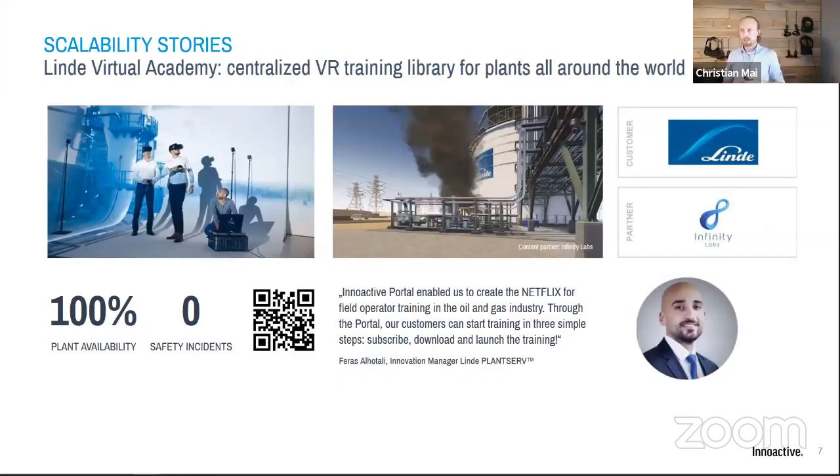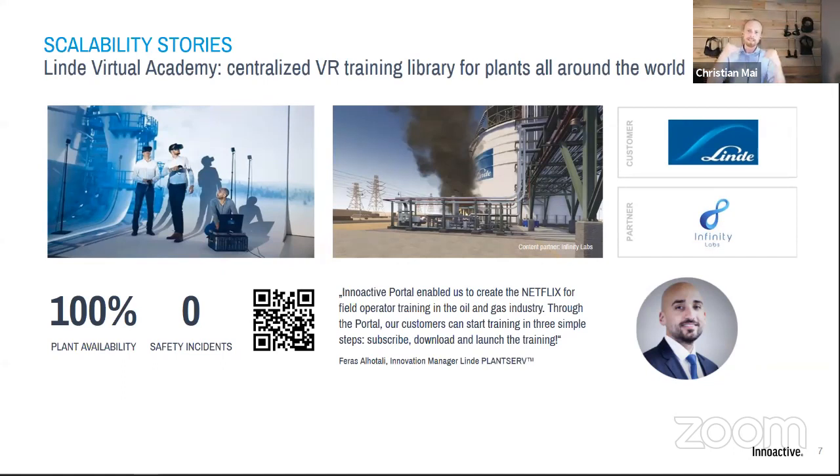And the last one is Linde, who have another issue. They are selling big plants, and if something goes wrong on a plant, there's a huge cost effect in it. So what they want to have is something they can sell with their plant. So they asked us to use our portal as a distribution channel.